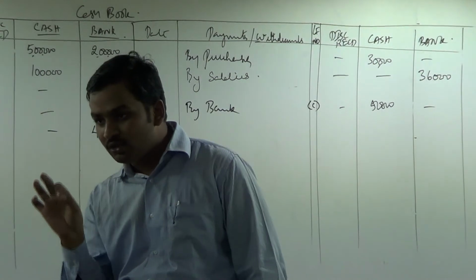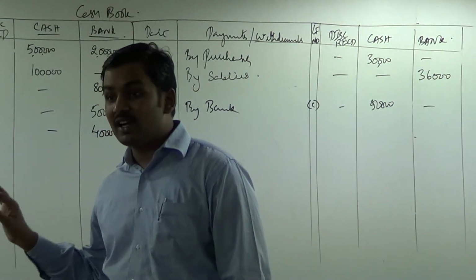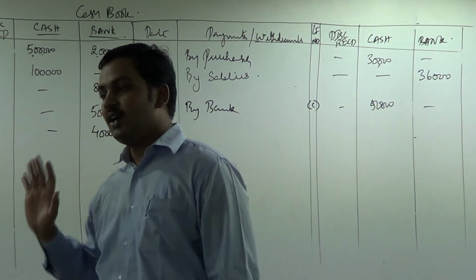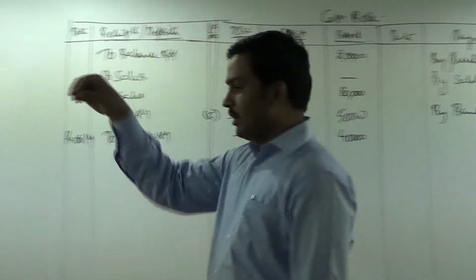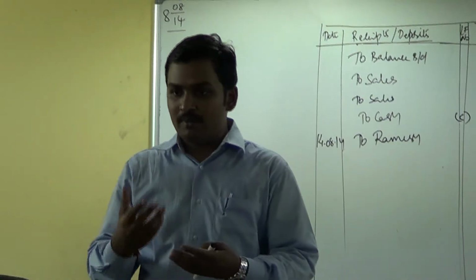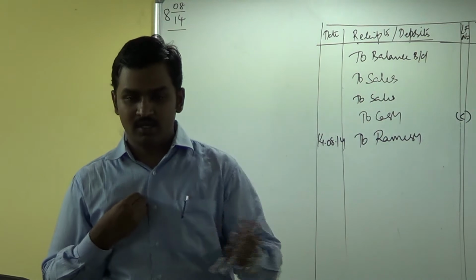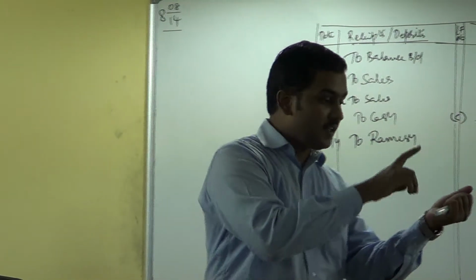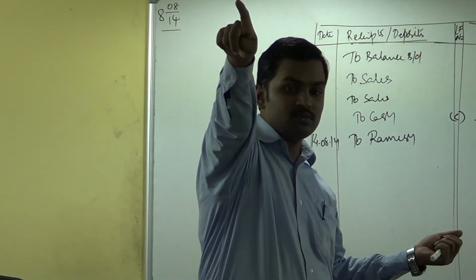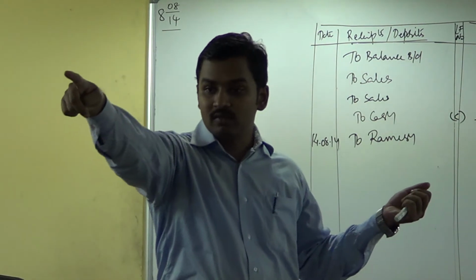Hence, as soon as you receive the check, you have to immediately pass an entry, assuming that money has been received. Now what happens is, when we receive a check from a customer, we deposit it in our bank. Then our bank will send this check to the issuer bank, to the bank account of the issuer.